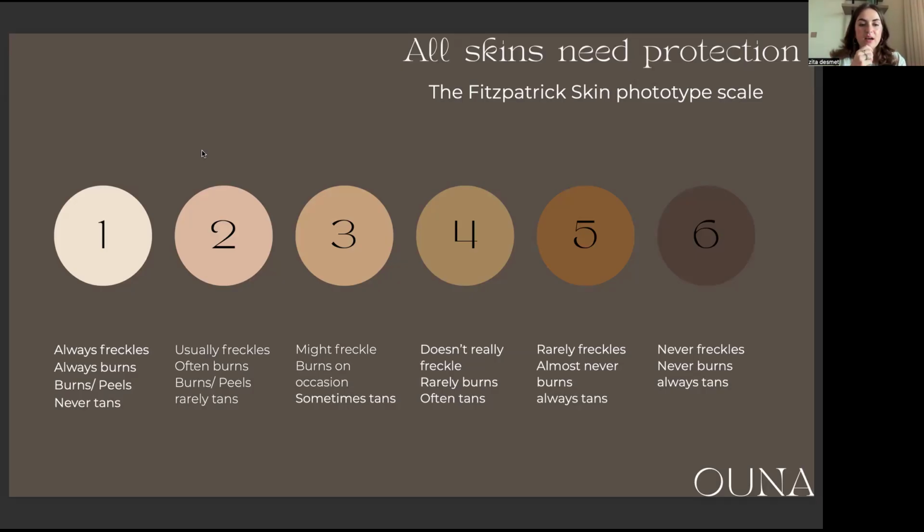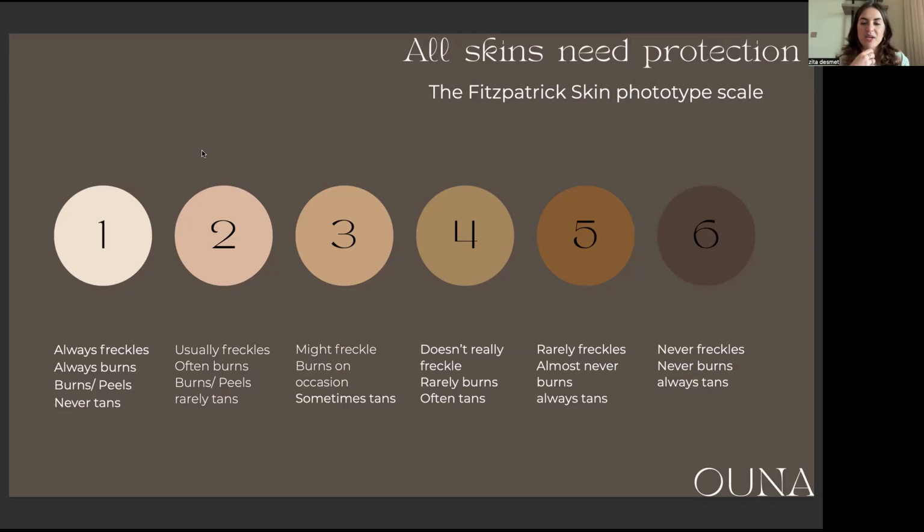Phototypes 2 and 3 are mainly like America, Canada, Europe, where you usually have freckles or might freckle. You'll burn or often burn, and on occasion or rarely you tan. There are those people that tan in a season or just on a holiday, but they always burn first too, or would burn or try to trigger or provoke that photoreaction response.